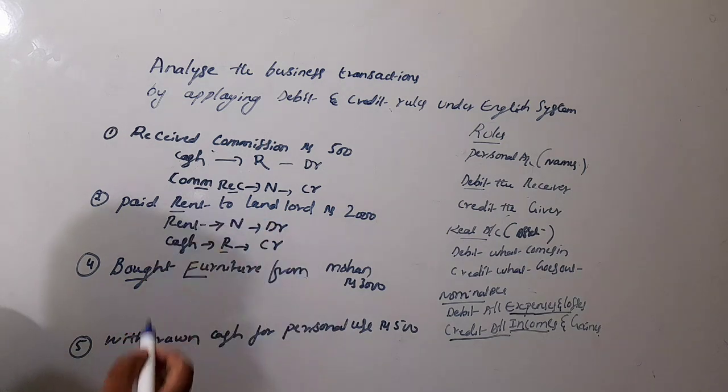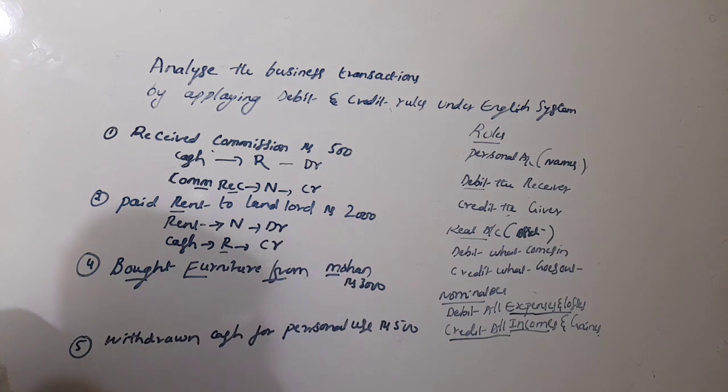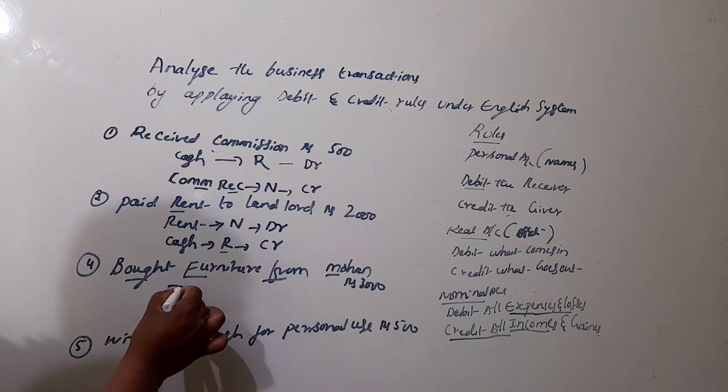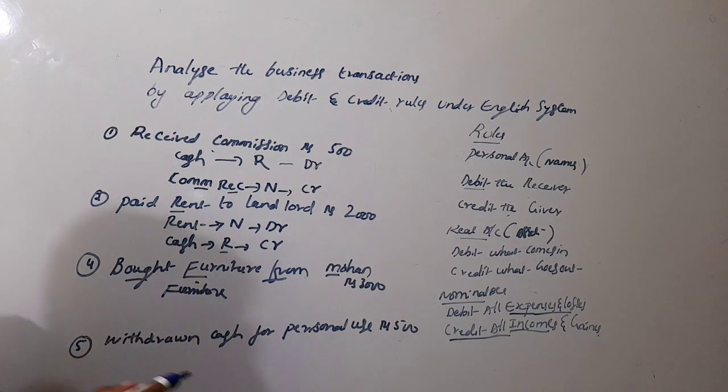Next, bought furniture. Bought means purchased furniture from Mohan. So it is a credit transaction. In this transaction, two accounts are involved. Furniture is a fixed asset, and next, Mohan.